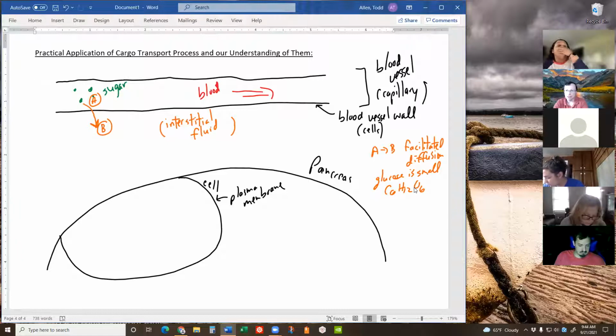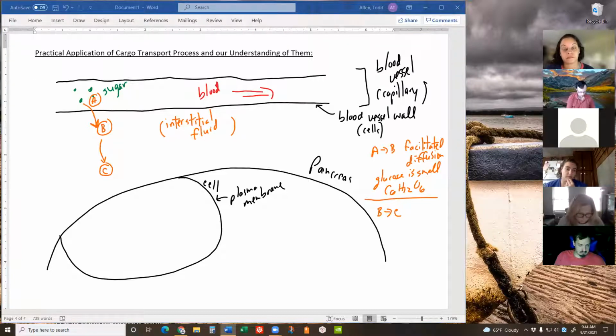All right, so let's continue our conversation here. We have glucose now in the interstitial fluid, and I want to get it from point B to point C. In the chat window, what is the transport process to move glucose from B to C?